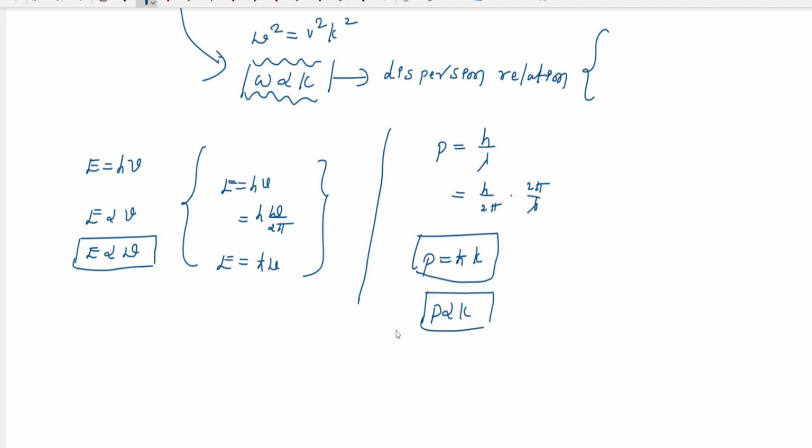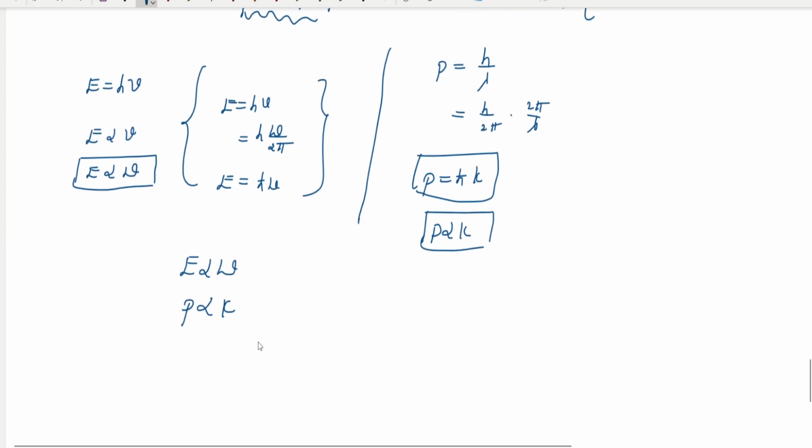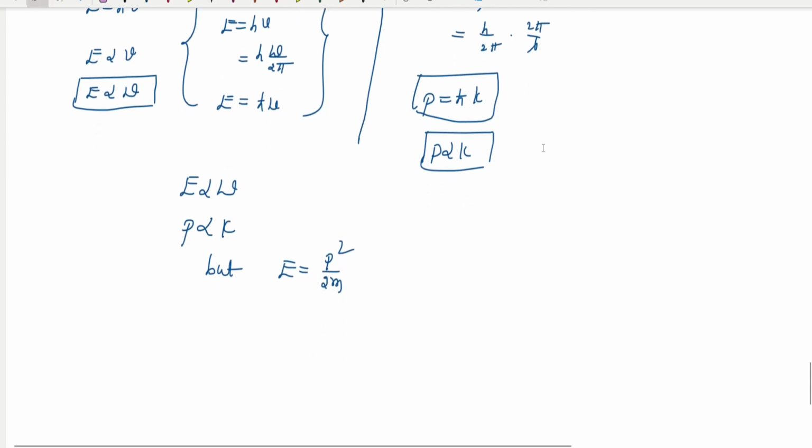If you observe clearly, E is proportional to omega and p is proportional to k. But E equals p square divided by 2m. If you substitute the p square value and the E value, you can get this equation.